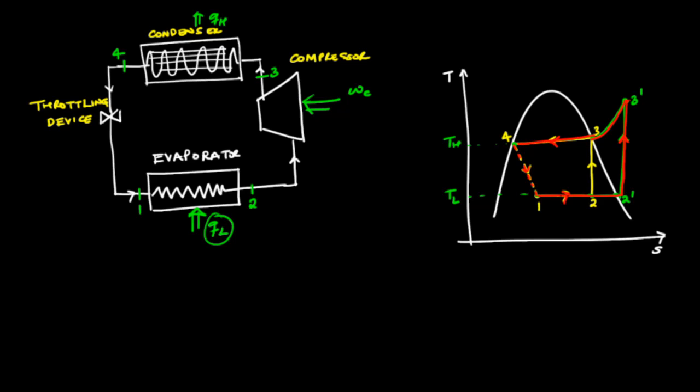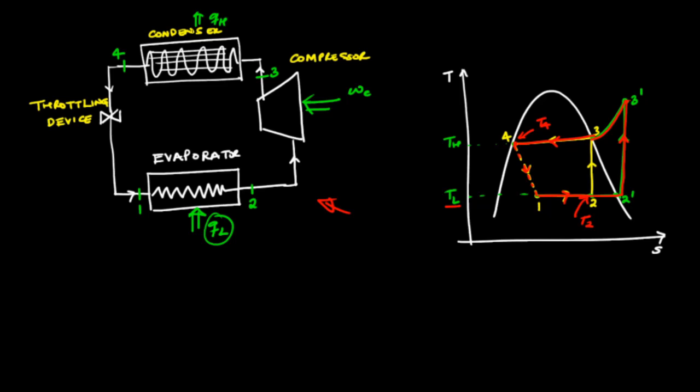So this system that is described here and depicted on this TS diagram can be used as a refrigerator or a heat pump. When this system is used as a refrigerator, the temperature T2 at which the evaporator removes heat from the cold space is lower than the temperature T4, that is the ambient temperature at which the condenser rejects heat to the ambient environment.